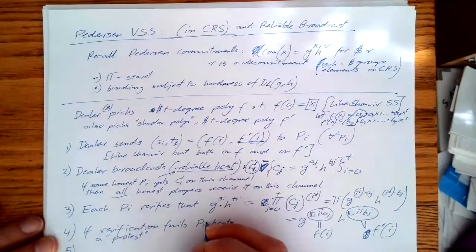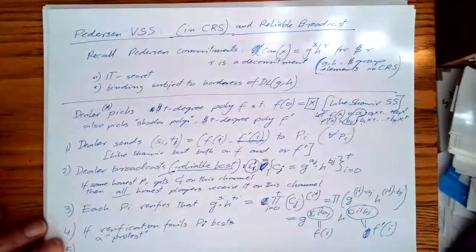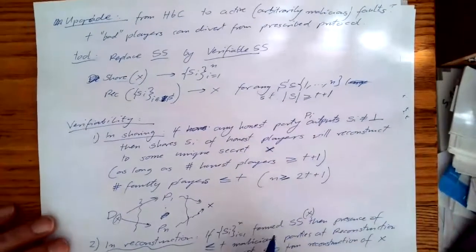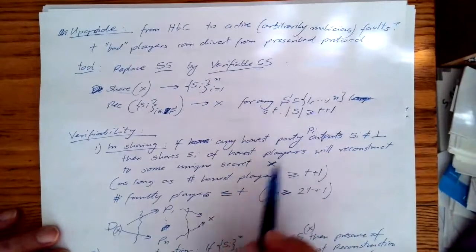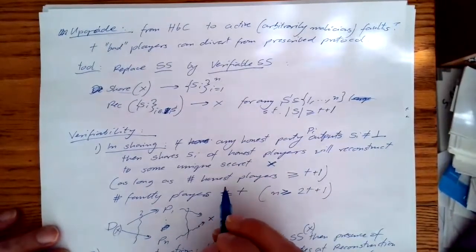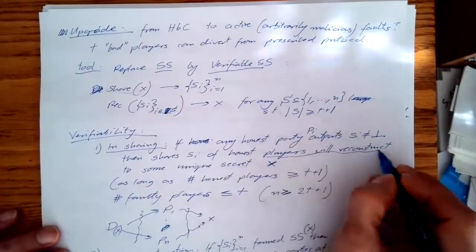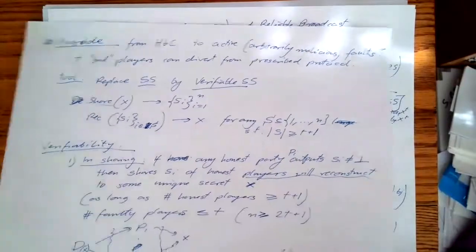Well, in which case P1 would have to be able to protest, or this property would not be assured, right? Because all the good guys got their share, but P1 didn't. So the reconstruction afterwards would not be guaranteed. In fact, it would be impossible.